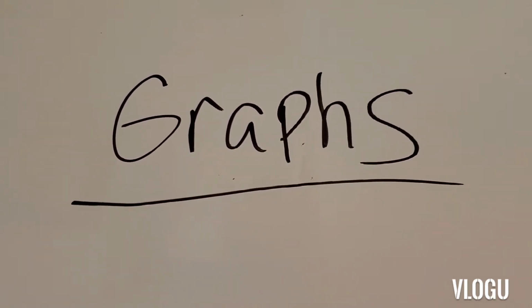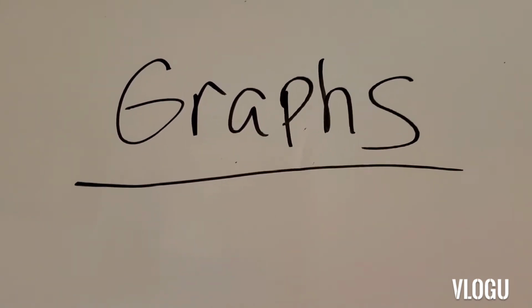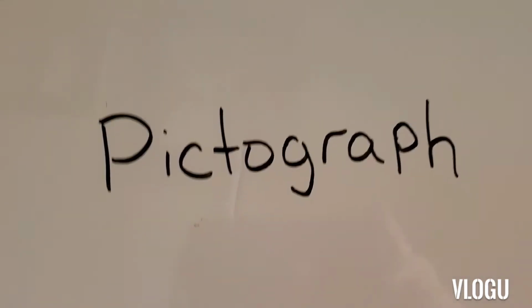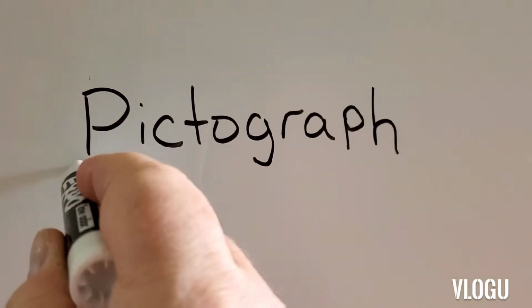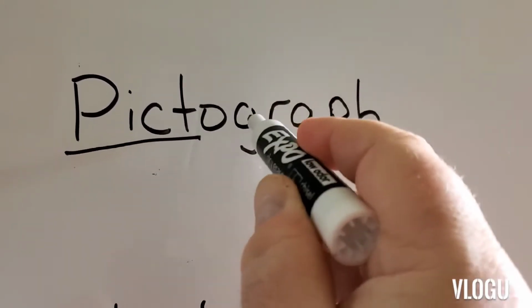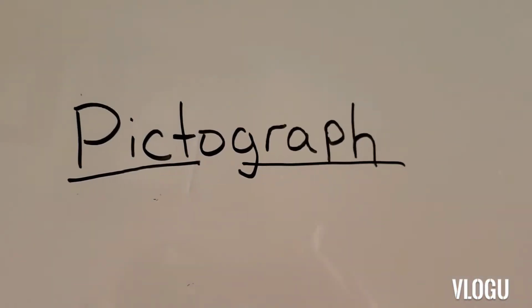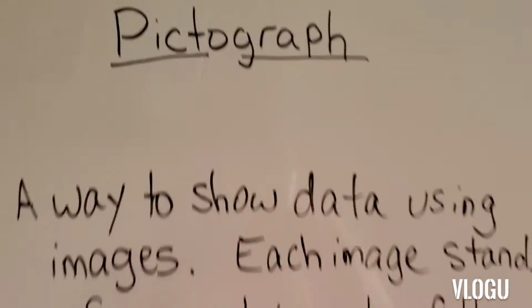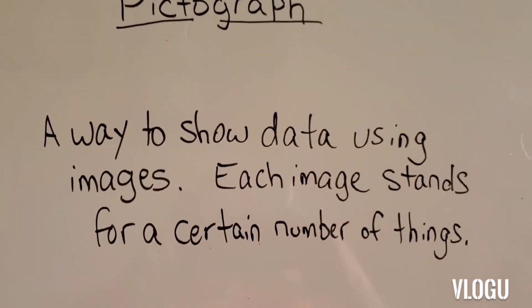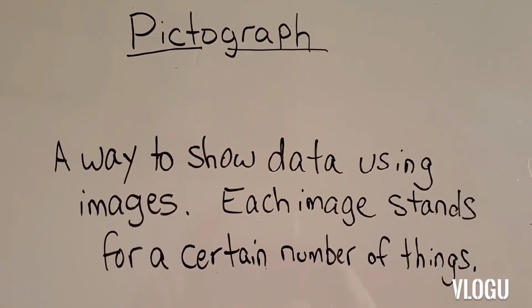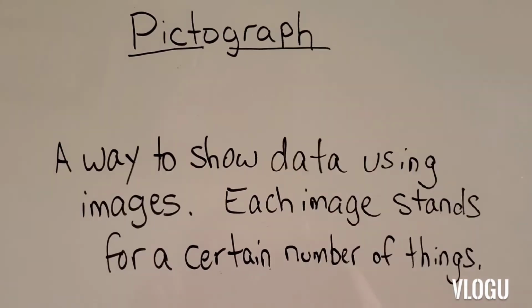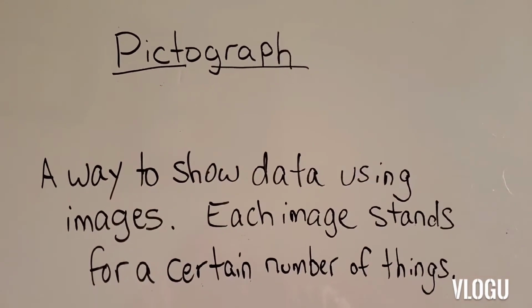So the first type of graph that we're going to talk about is the pictograph. A pictograph is made up of pictures in a graph form. The definition of a pictograph is a way to show data using images. Each image stands for a certain number of things.